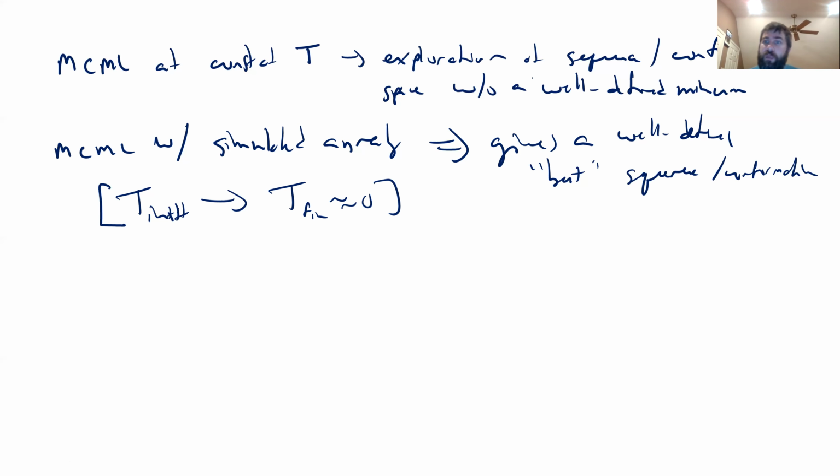Now, this is certainly easy to conceptually think about. It's a fairly easy thing to implement. There are some important caveats.